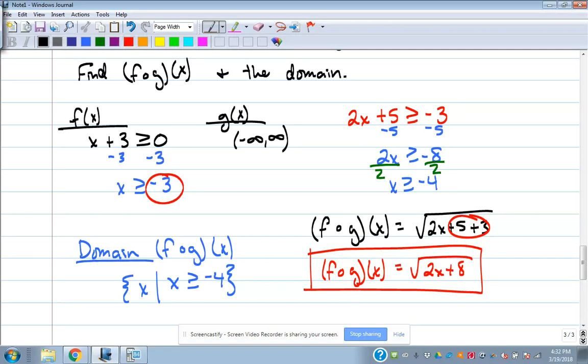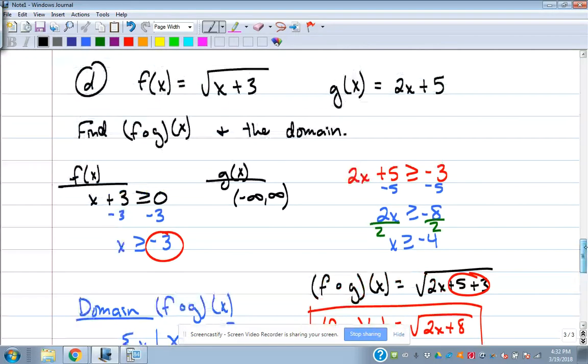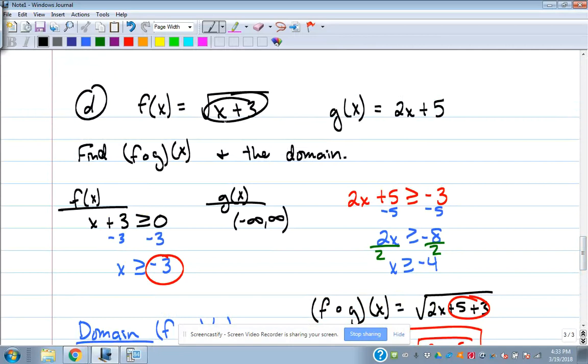All right, sir. I don't entirely understand how you turned the square root of x plus 3 is equal to 0 into x is greater than or equal to -3. Right here, I took whatever's inside of the square root. You set it greater than or equal to 0, because what kind of numbers can we take the square root of?